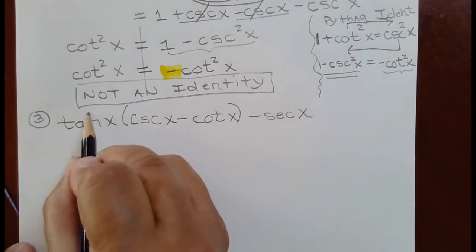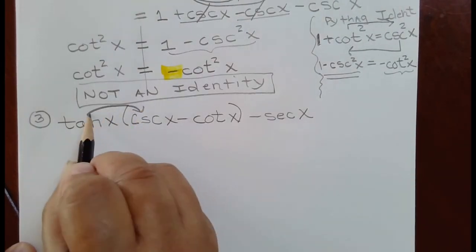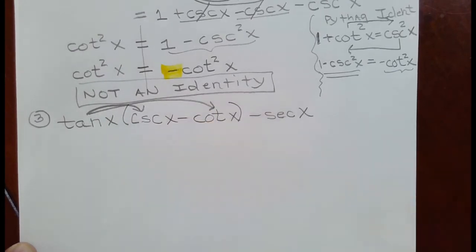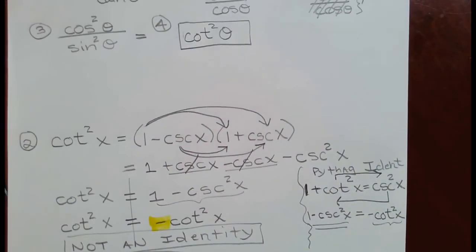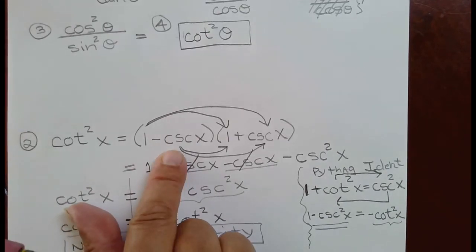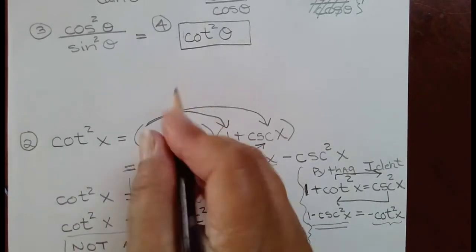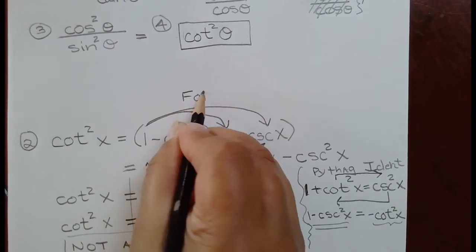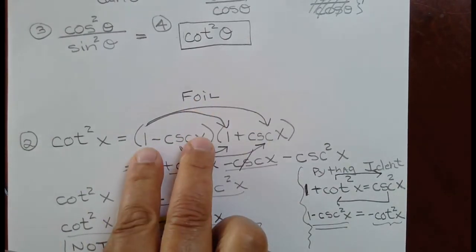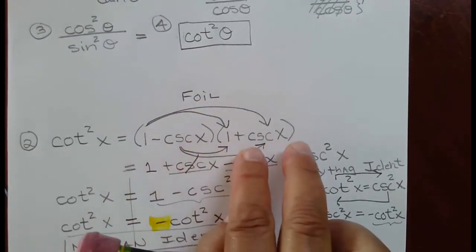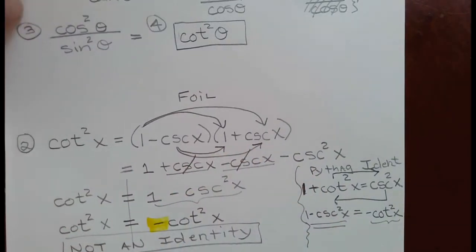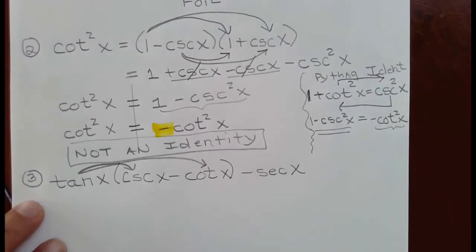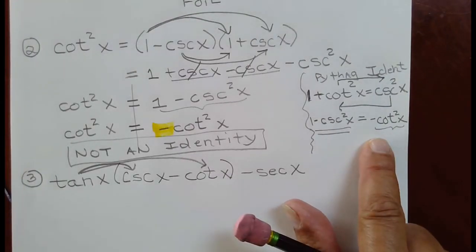Just like in this problem, what were you being prompted to do first? To FOIL. Always when you see 2 terms times 2 terms, binomial times binomial, you're FOILing. And then because everything was coming out squared, I went with the Pythagorean identity as my way to substitute rather than going sine cosine. You don't always replace things with their sine cosine definitions.